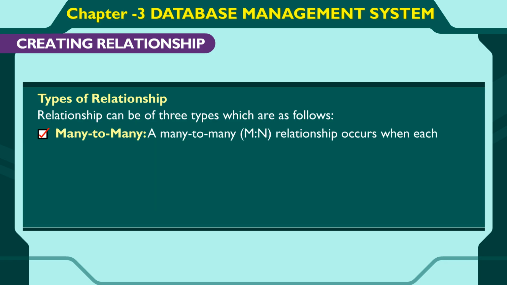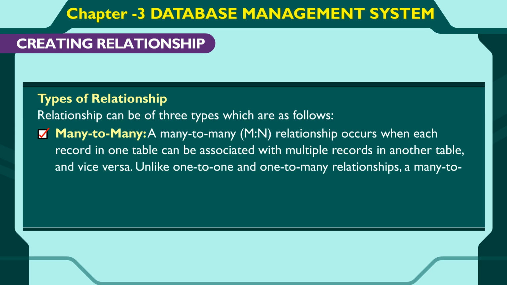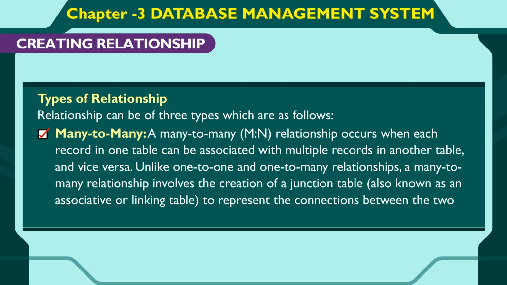A many-to-many (M/N) relationship occurs when each record in one table can be associated with multiple records in another table and vice versa. Unlike one-to-one and one-to-many relationships, a many-to-many relationship involves the creation of a junction table, also known as an associative or linking table, to represent the connections between the two entities.